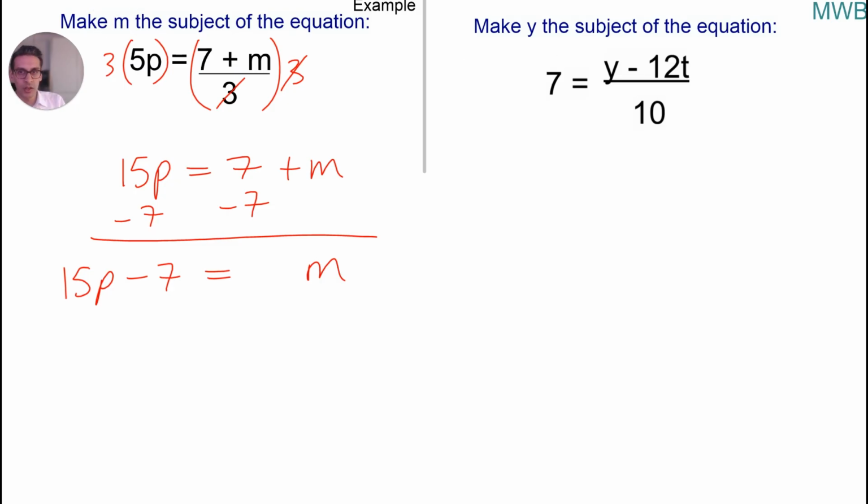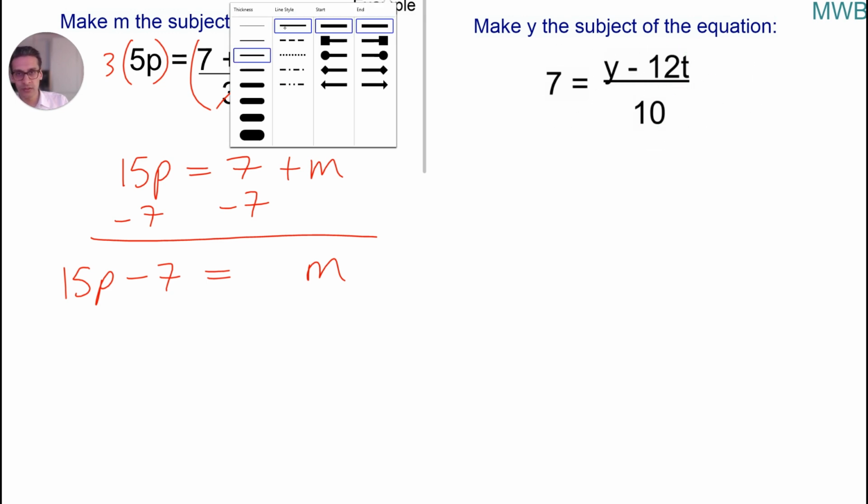Okay, next example. Pause the video if you haven't tried this. You must try this. This is going to be the last example. We've got 7 equals y minus 12t over 10, and we want to isolate y, or make y the subject. So we're going to need to multiply by 10, and then we're going to add 12t. Let's do the multiplication first.